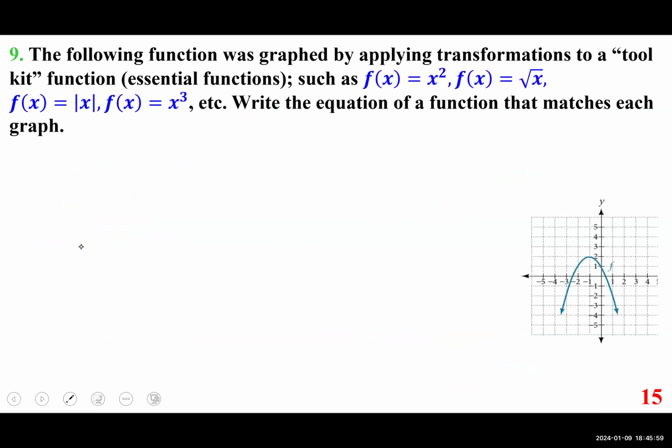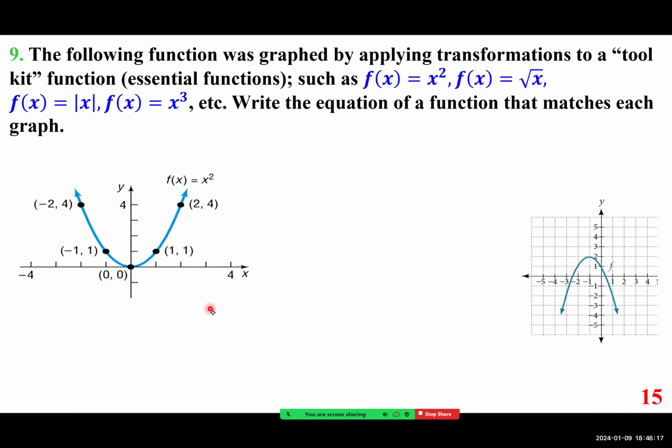So we have the same situation. In this case, this is the graph. You want to find the equation of a graph, and we know it has to do with this quadratic function. We remember here's the shape, here's the graph, and the equation is y equals x squared, and the vertex is located at 0, 0 originally, but now it has shifted to a new position which has coordinates -1, +2.